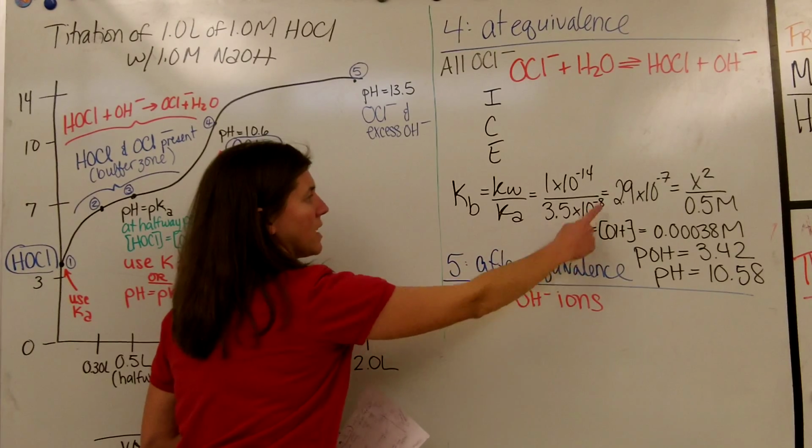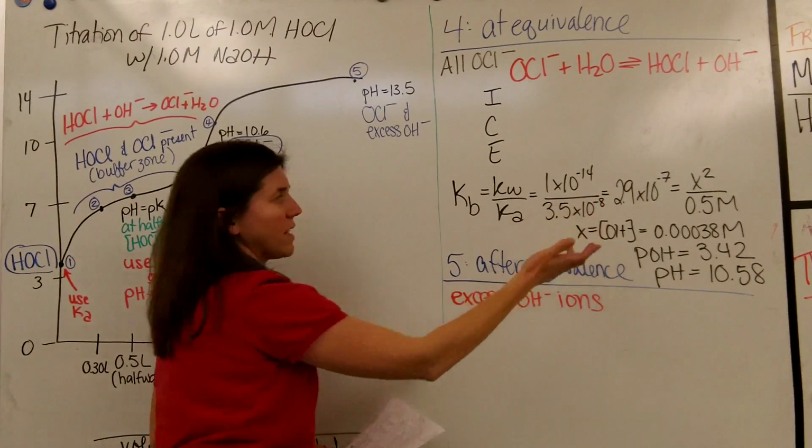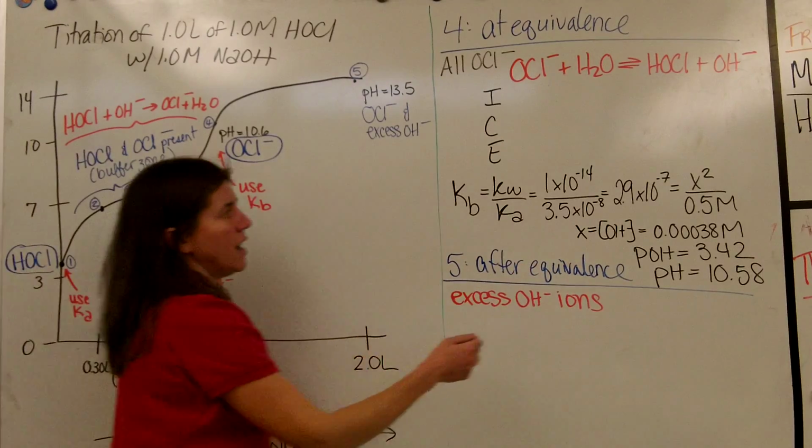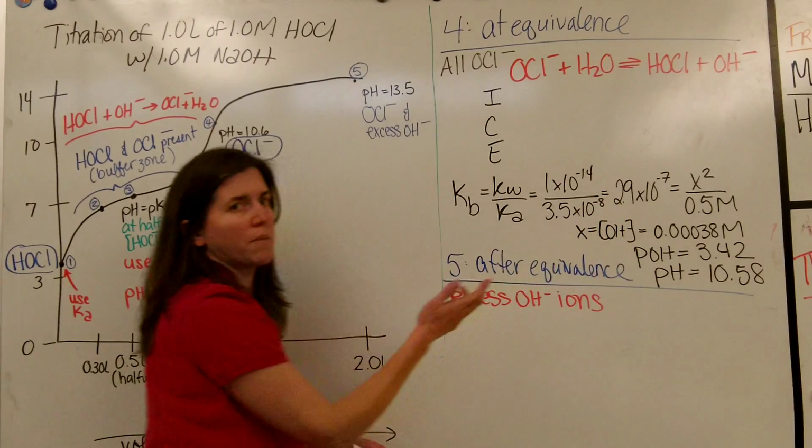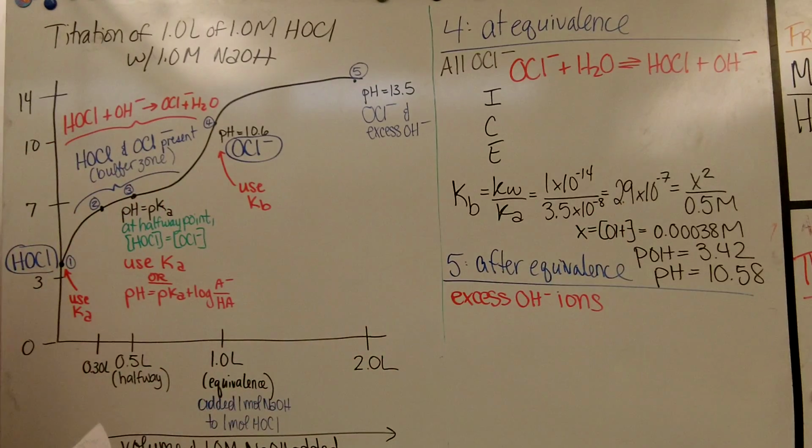So if it's 3 times 10 to the negative 8, my log of that's going to be around 7-ish. The log of this value right here is going to be around 6 point something. So just keep that in mind. If you plug it in your calculator, I believe you find that the pKa is 7.5 at this point. So at the halfway point, my pH is 7.5.